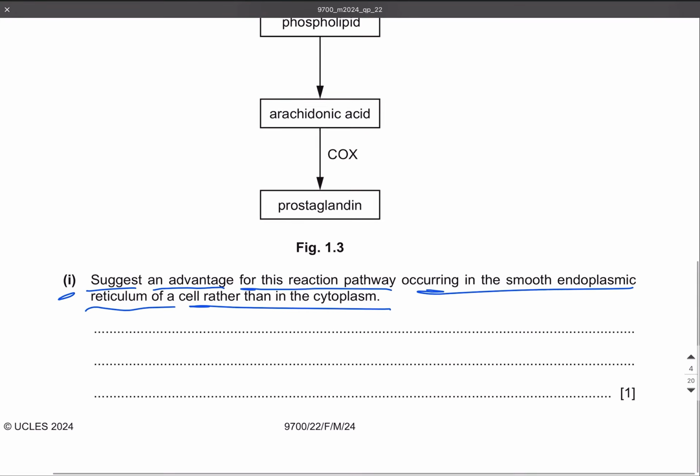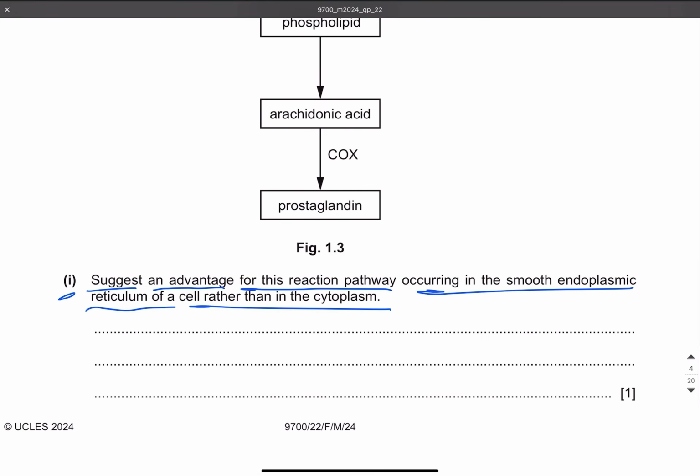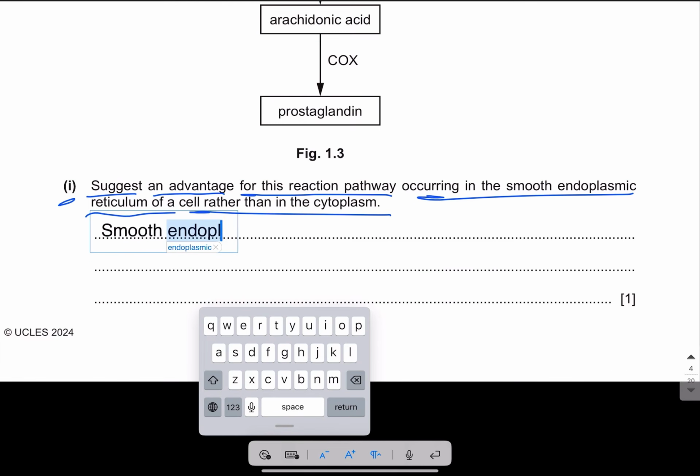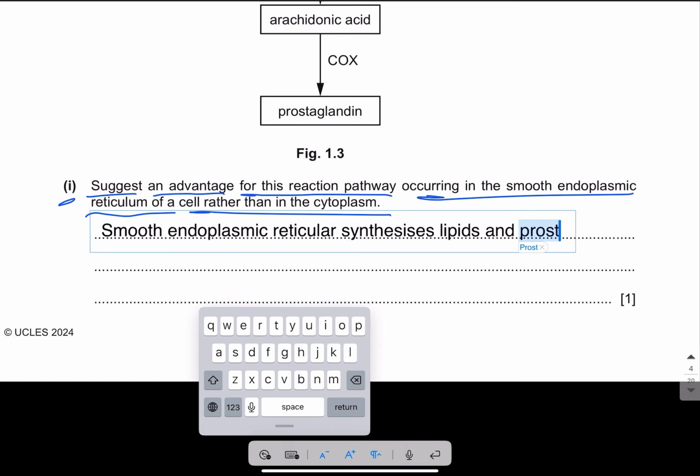So you can write over here that smooth endoplasmic reticulum synthesizes lipids, and prostaglandins are lipids.